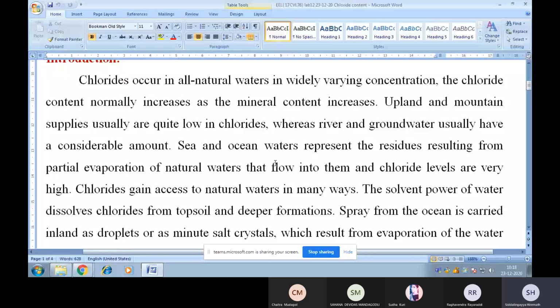These two reagents are required, and we have prepared them in our laboratory using the chemicals. If you want any information about the preparation of these reagents, just go through the manual of VDIT related to environmental engineering laboratory.